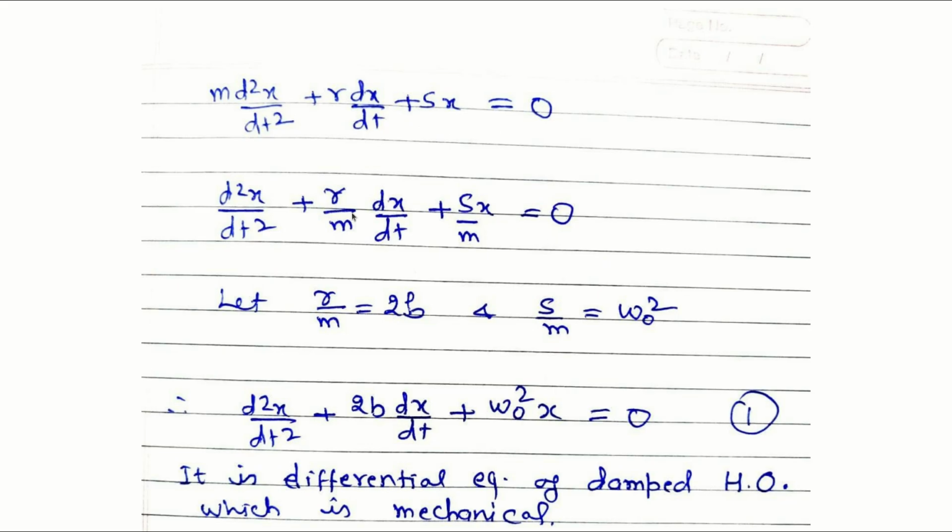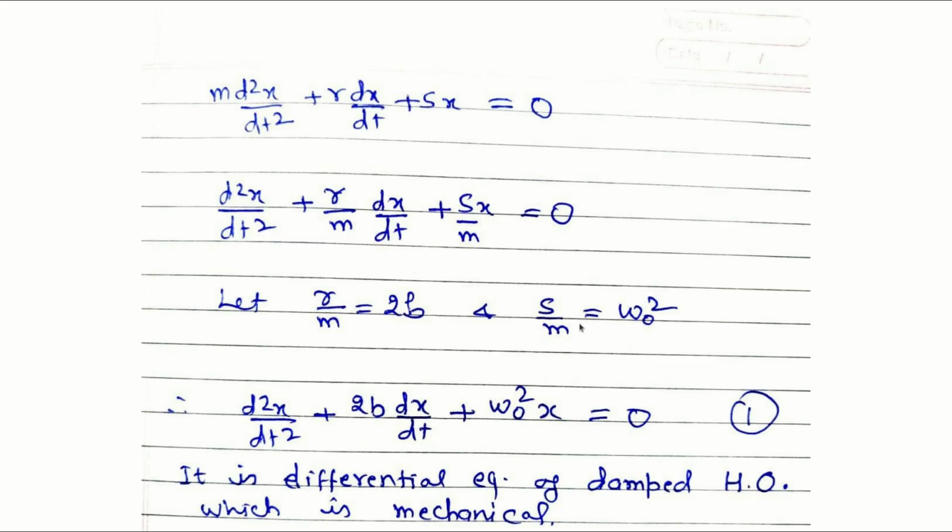Then we take r by m as a constant 2b. We know that r is the damping constant and m is the mass, which is also constant, so the ratio of two constants will also be a constant, and we take this constant as 2b. And s by m is omega naught square, which we also took in the last chapter. So omega naught is the frequency.